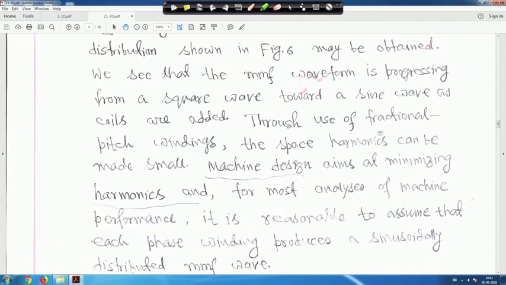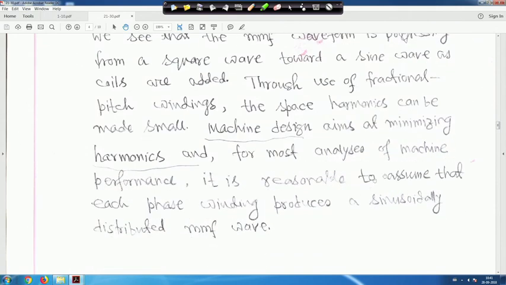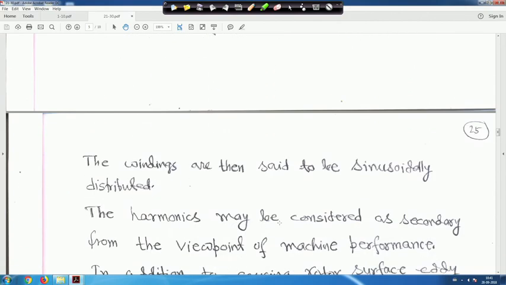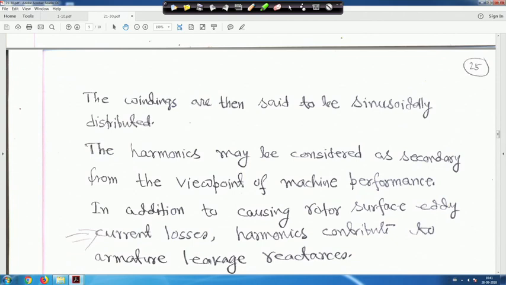Through the use of fractional pitch windings, the space harmonics can be made small. Machine design aims at minimizing harmonics, and for most analysis of machine performance, it is reasonable to assume that each phase winding produces a sinusoidally distributed MMF wave, right? So the windings are then said to be sinusoidally distributed.